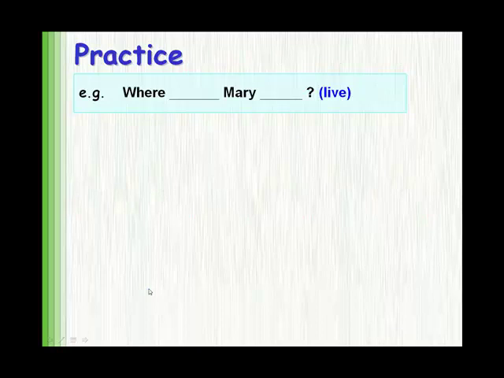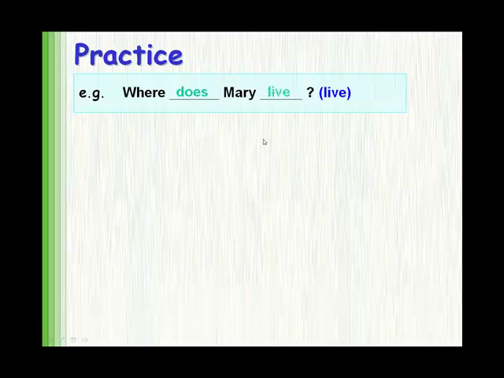And let's practice a little bit, okay? You have a sentence here with 2 spaces. Where are you gonna write the verb? First or second blank? Second, right? And in the first space, you will add do or does. Which one is it gonna be? Does, right?